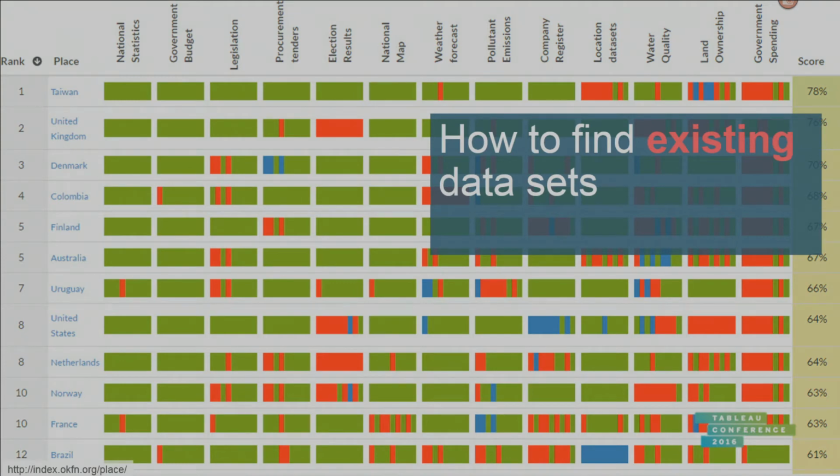The other place you can go to look for existing data sets are ones made by big global organizations and nonprofits. The UN and the World Bank, for instance, have a wealth of well-curated and accurate data sets. And I know they don't always sound like the World Bank. You're like, yeah, but GDP over time, what am I going to do with that?